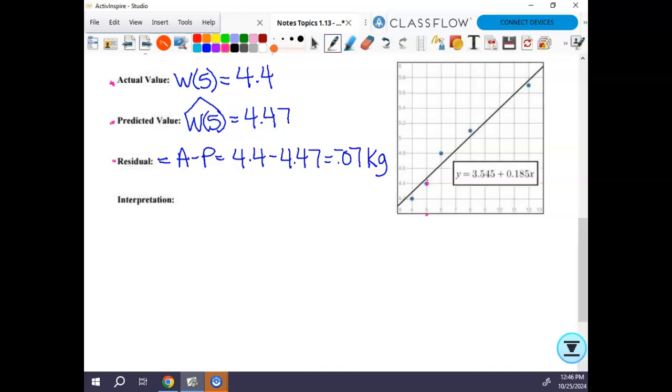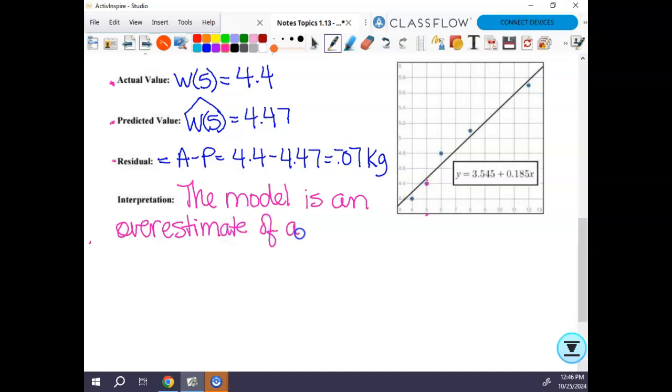And so that's kind of what we're looking at here as far as what to say. So we need to say, and let me grab this so I don't make this way too wordy, the model is an overestimate of actual values. Now, is the model always an overestimate?